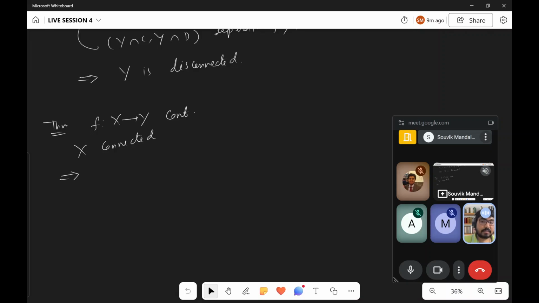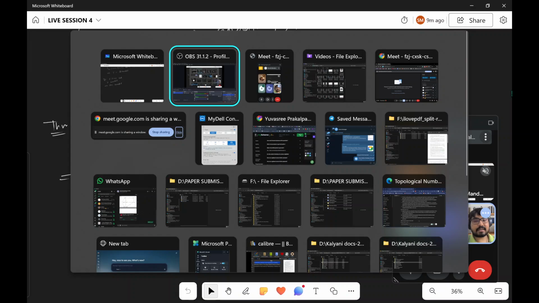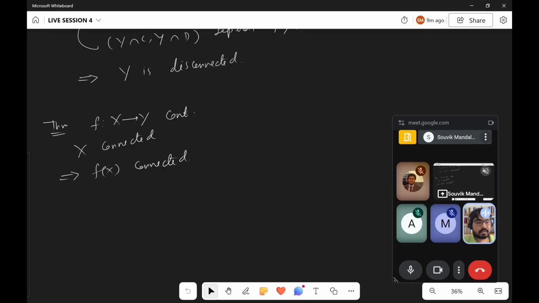That implies f of X is connected. That is, the continuous image of a connected set is connected. So that's what the theorem is telling.